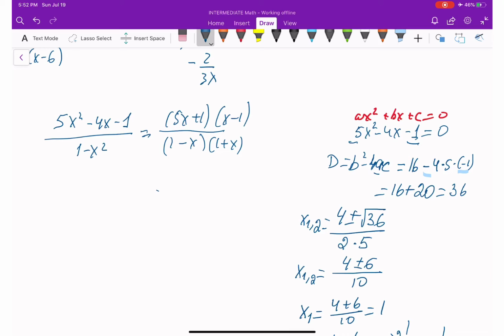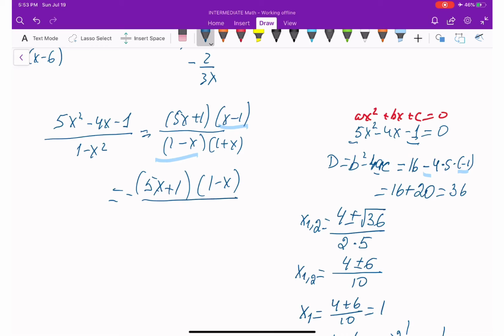All right. Wow, we have 1 minus x and we have x minus 1. So what we're going to do, I'm going to put a negative sign in front and flip. Instead of x minus 1, put 1 minus x.